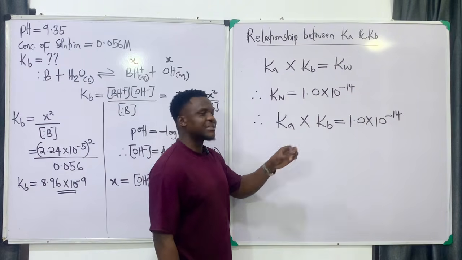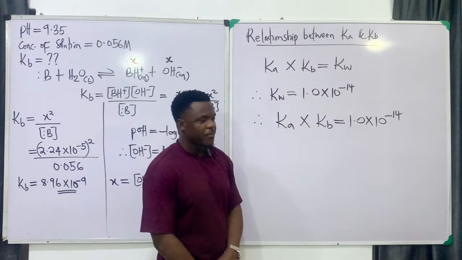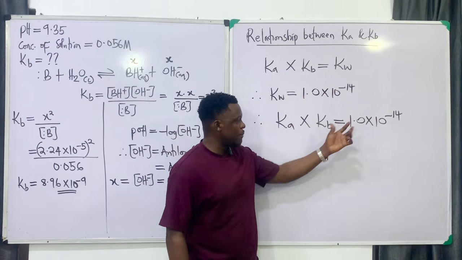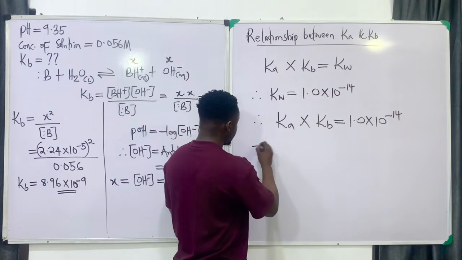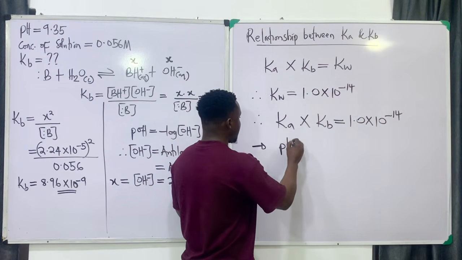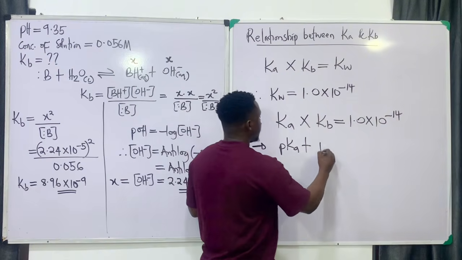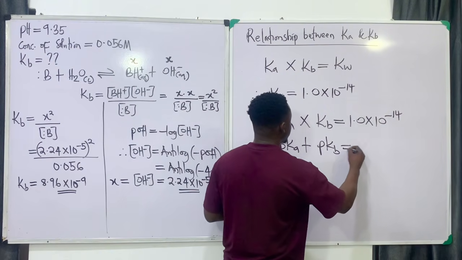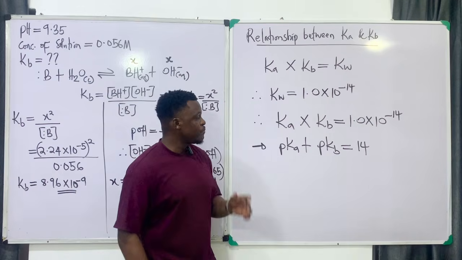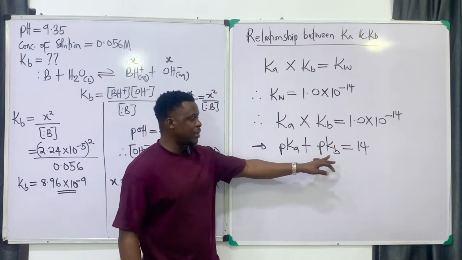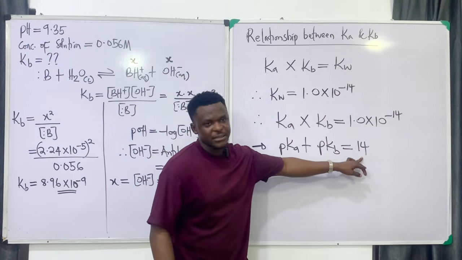Now Ka is the acid dissociation constant and Kb is the base dissociation constant. Now this formula can be reduced to pKa plus pKb equals 14. Just in case you're asked the relationship between pKa and pKb, it is equal to 14.